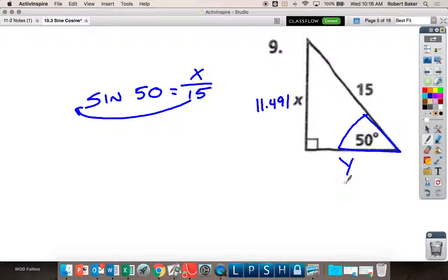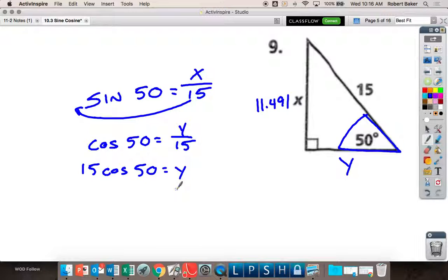No, that's a terrible idea. So I could use cosine. Because they're all given values, they're the same? They are not the same. Watch.